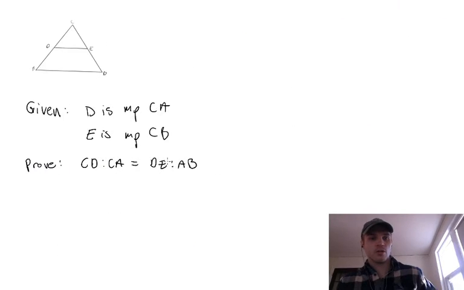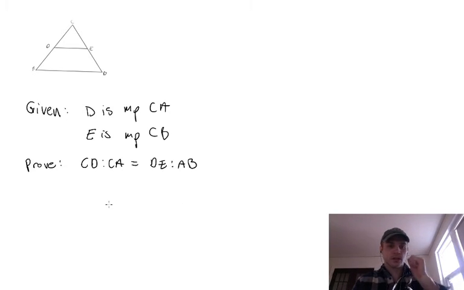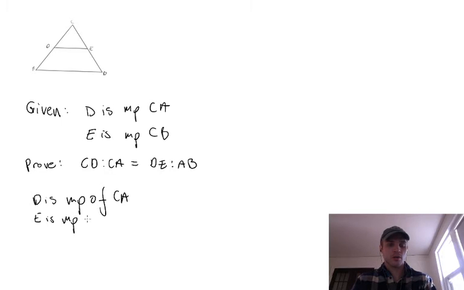Okay. So we can do that two-column thing that most geometry classes do, where you make the statement and the justification. I don't really like doing it that way, but let's do it. So D is midpoint of CA, and E is midpoint of CB, and that's by given. Let's call that 1.